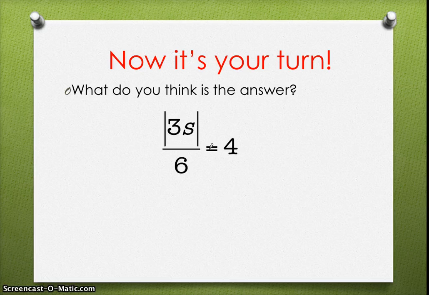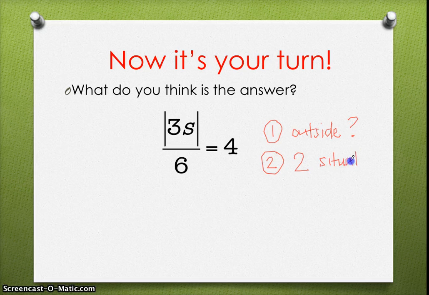Go ahead and try this problem on your own. It's your turn. Thinking about step 1, are there parts that are on the outside? If there are, we need to make sure that we solve those parts first. The second step would be to identify the two situations, those two inequalities.